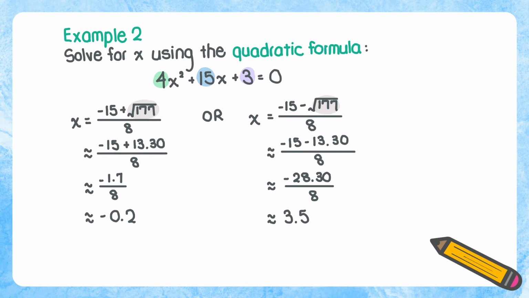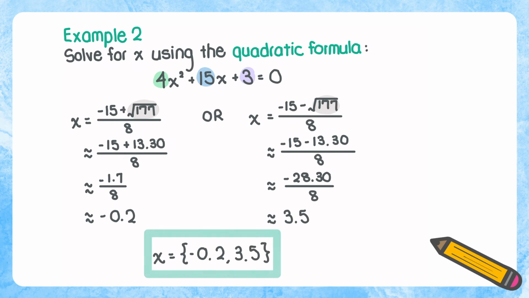So we found the two potential solutions for x. So we have x equals either negative 0.2 or 3.5. And here I had to round since we couldn't find an exact square root. But again, I have these two potential solutions for x.